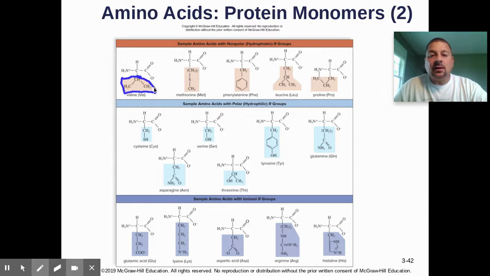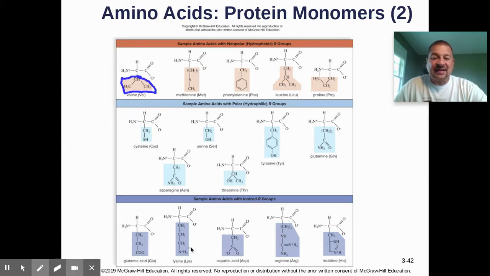These R groups give them very different properties. These ones up here have nonpolar or hydrophobic R groups. These down here have hydrophilic or water-loving R groups. And this will very much help determine the final shape of the protein, depending on how these interact when you start linking all these amino acids together.